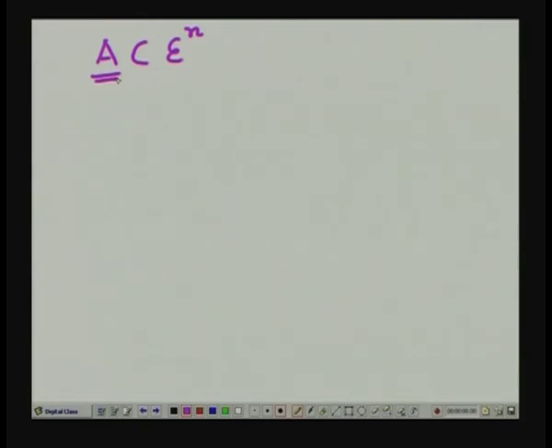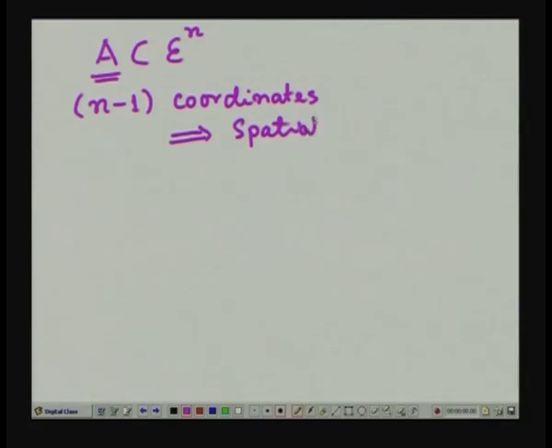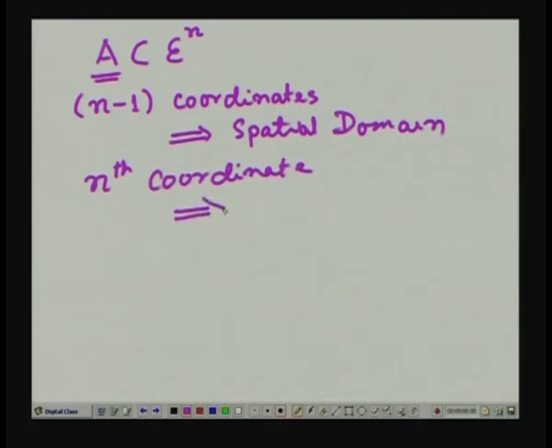Now, for this point set A, the first n minus 1 coordinates represent a spatial domain, and the nth coordinate represents the value of the function.